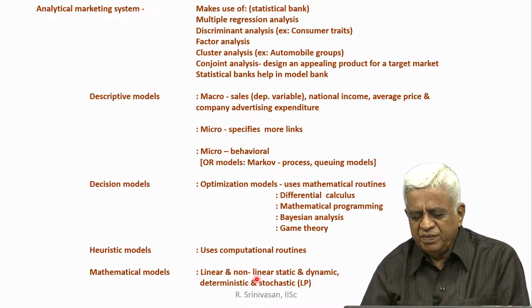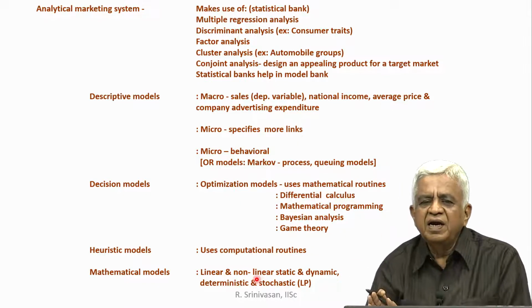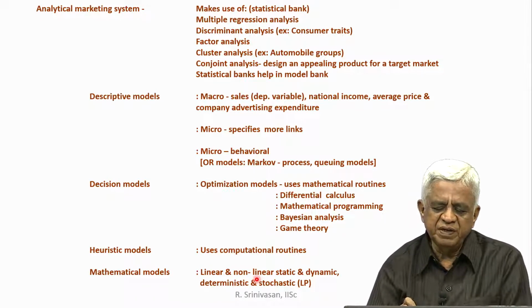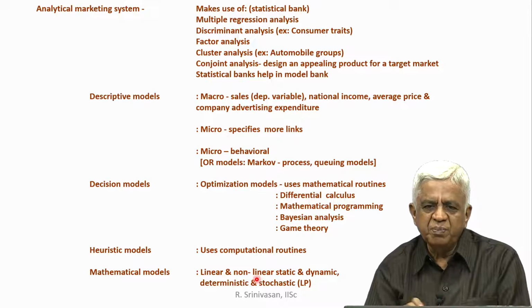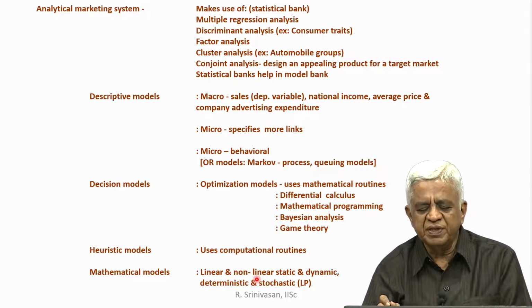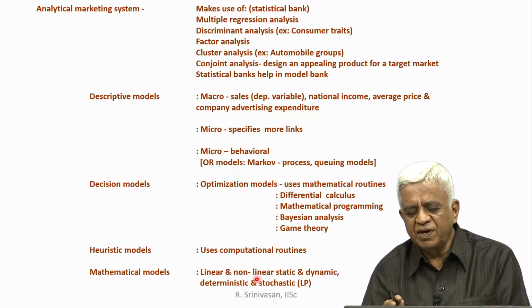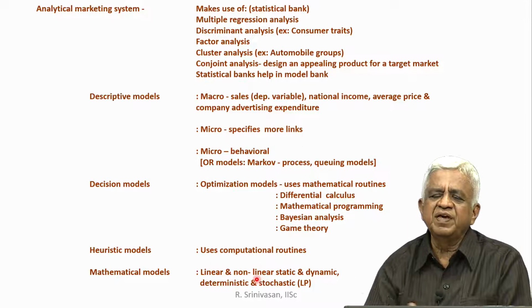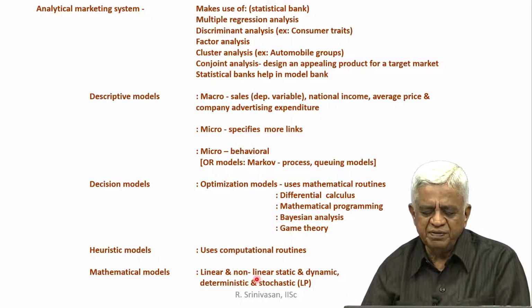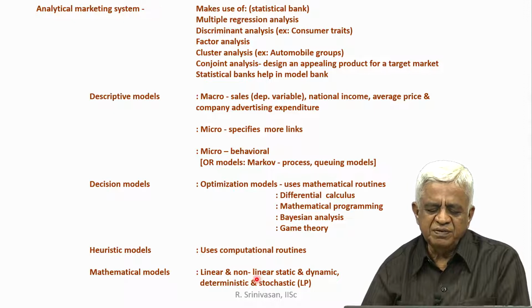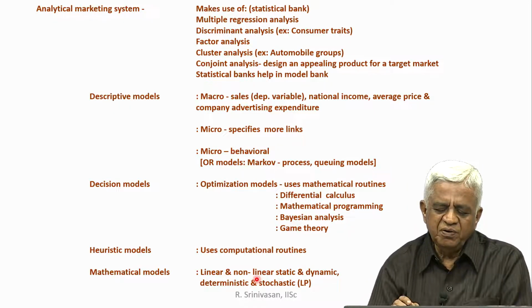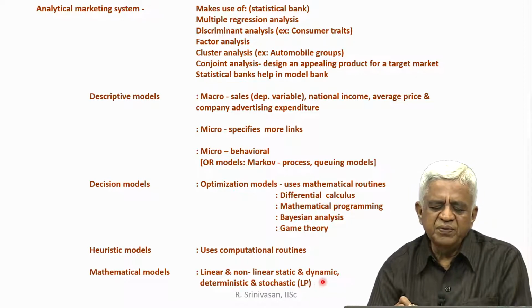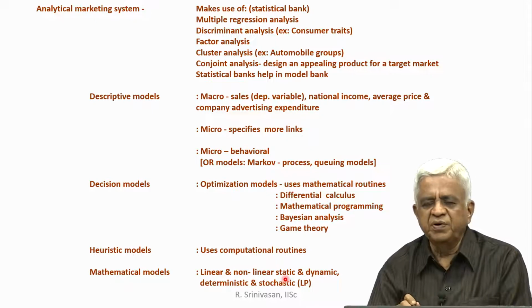You say this may affect the demand say by 20%. So, you give a probability of 0.2 for that, then you look at the other different variables, give them different probabilities. When you give all these different probabilities, you are looking at an LP, that is a linear programming model, making use of a stochastic process.